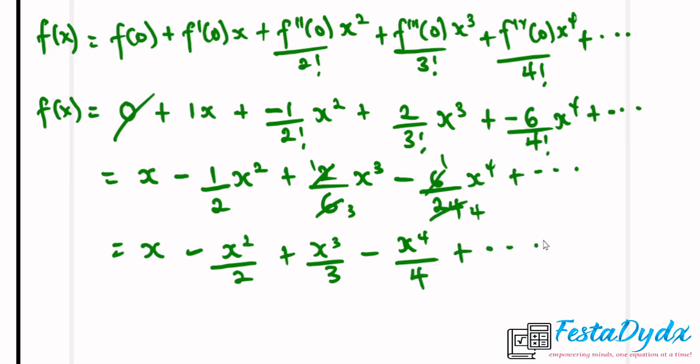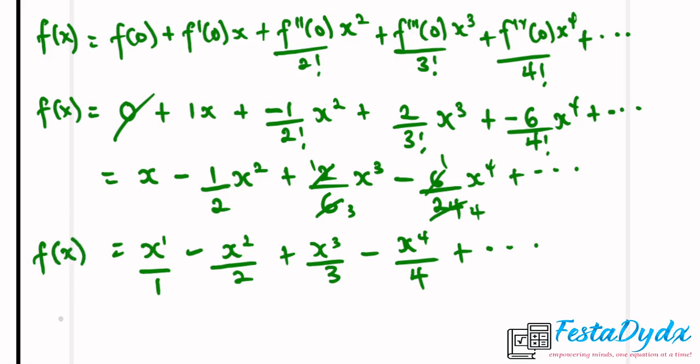If we look at this very well, we can see there's some sort of pattern. If we put 1 over here, we see that the denominator is increasing successively, 1, 2, 3, 4, and the power of x is also increasing, 1, 2, 3, 4.